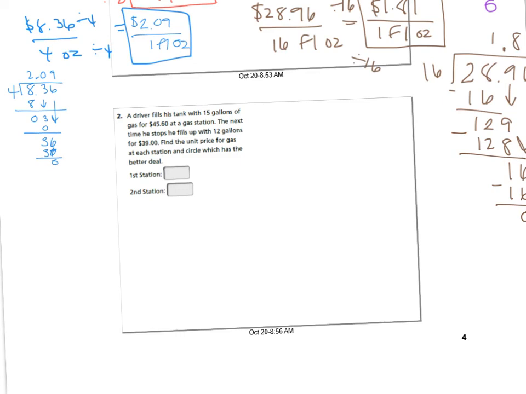Remember that our item always has to be at the bottom, our dollars always have to be at the top. So our rate is $45.60 at the top for 15 gallons, and then our second rate is $39 for 12 gallons.